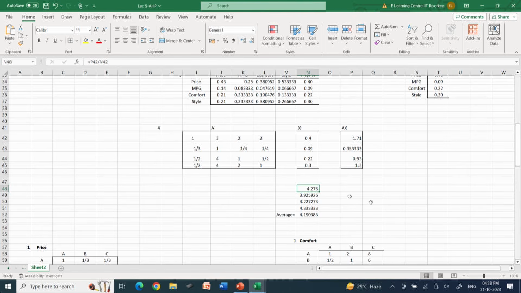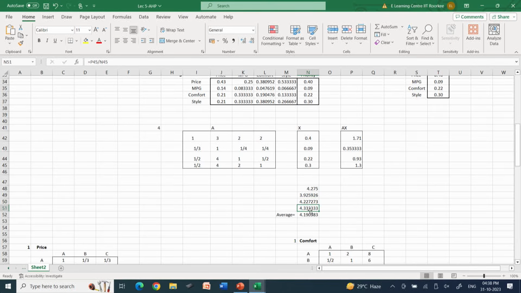Then, for example, 0.4 upon 1.71. Similarly, how we got 3.92: 0.3533 upon 0.09. Then 0.93 upon 0.22, we are getting 4.22.